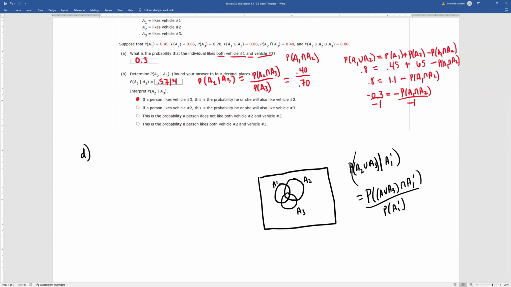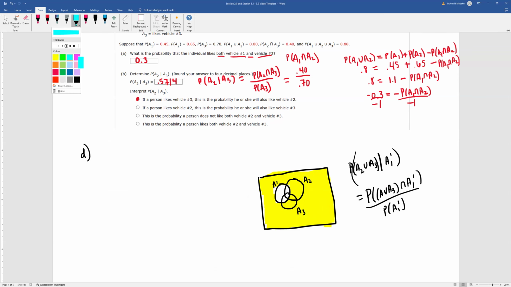Okay, so when I think about these picture-wise, not A1, let's draw that with a highlighter. So not A1 would be anything outside of that circle A1. So everything in yellow here. Okay, everything in yellow. So that's the not A1. A2 union A3, again, we're just trying to visualize this.